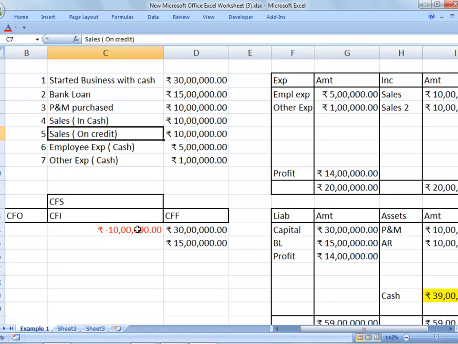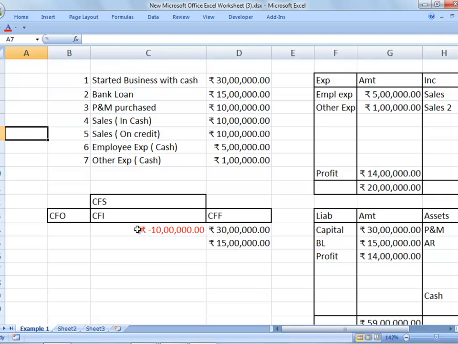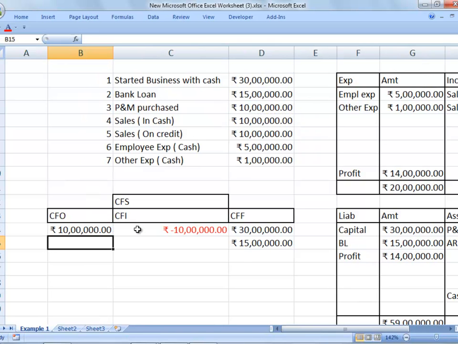Next one, sales in cash 10 lakhs. Where should I show it? Sales in cash would be operating. So I will come to cash flow from operations, and since I have received this, it will be shown as a positive number. Sales on credit 10 lakhs. Where should I show it?